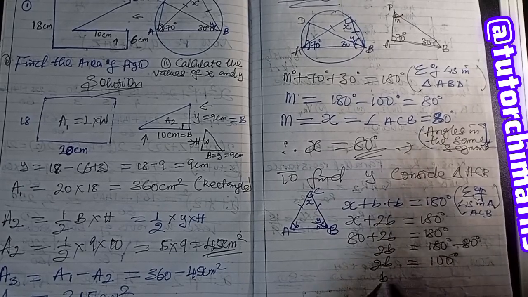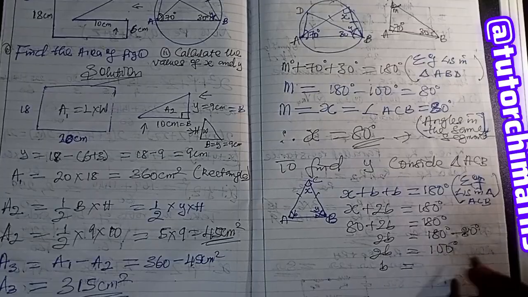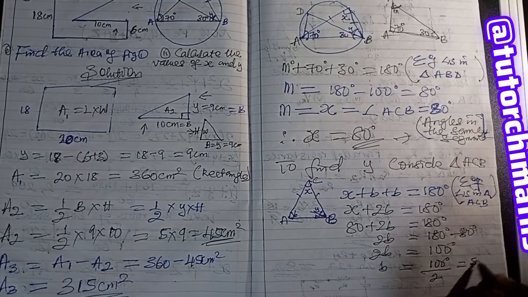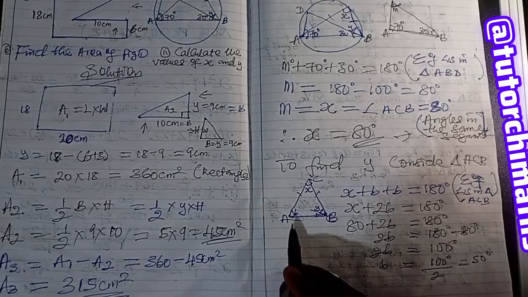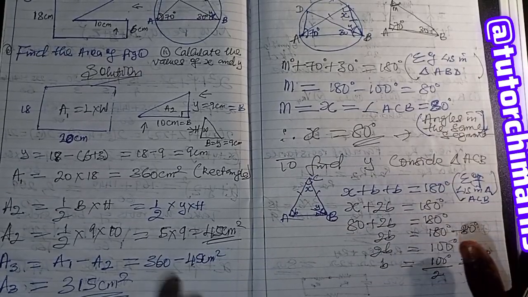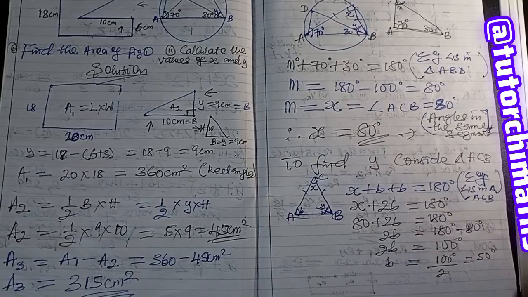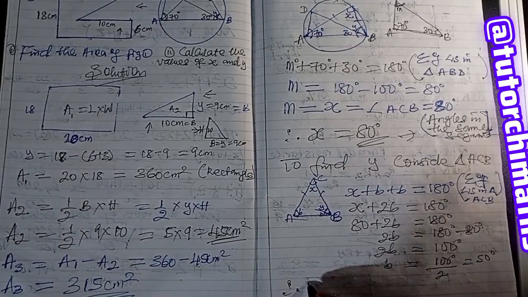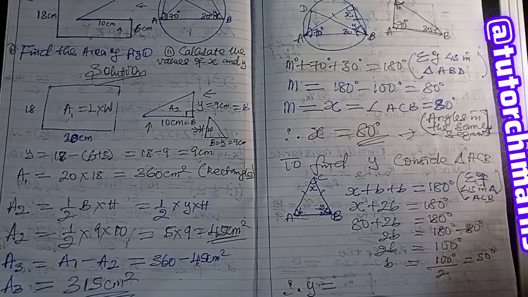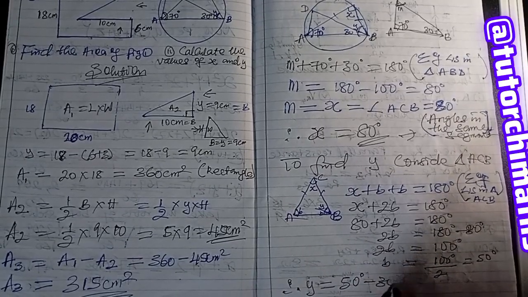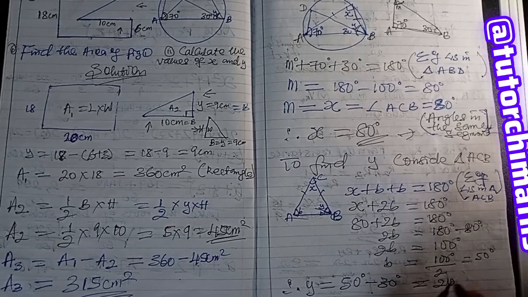So that B is 100 degrees divided by 2, which is 50 degrees. Remember, this B is equal to B, which is under base angles of an isosceles triangle. Therefore, Y is equal to 50 degrees minus 30 degrees, which is 20 degrees.